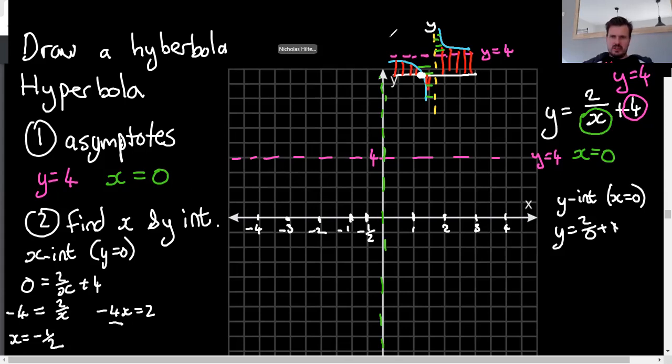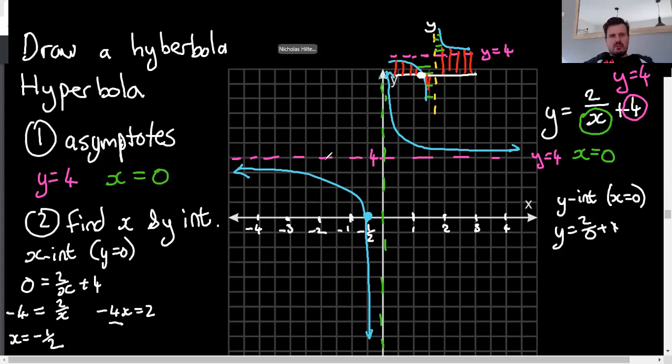Because we go through, remember, this was our x-intercept here, and so we draw it like this. So there's actually only one point on this graph that it intersects, because it doesn't touch the y-axis.